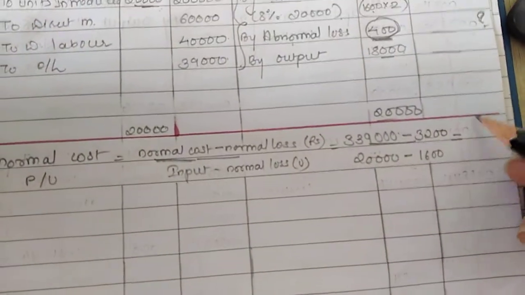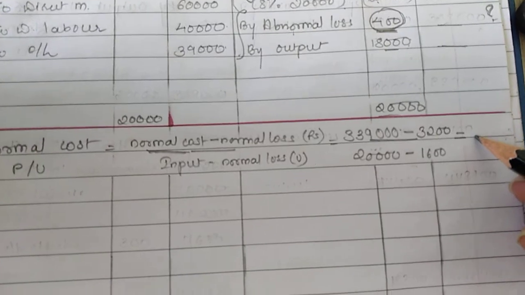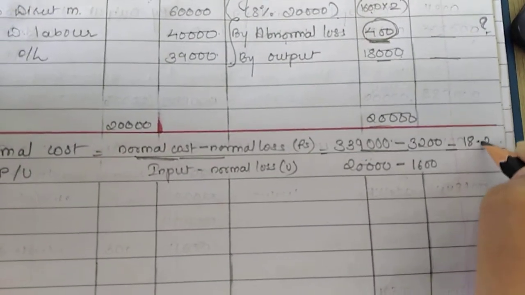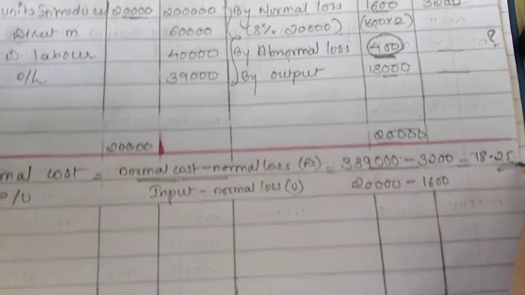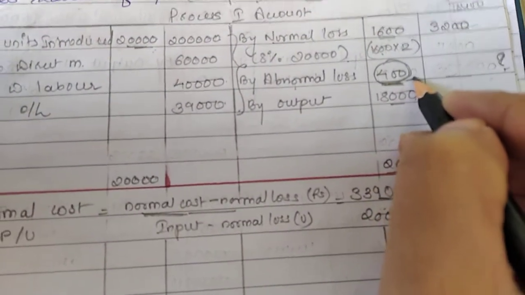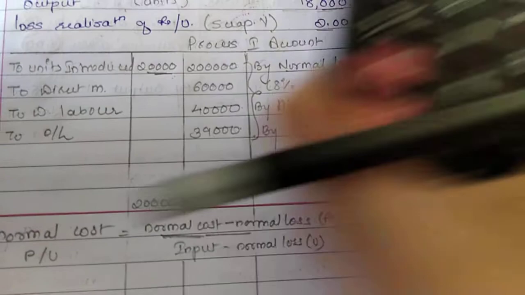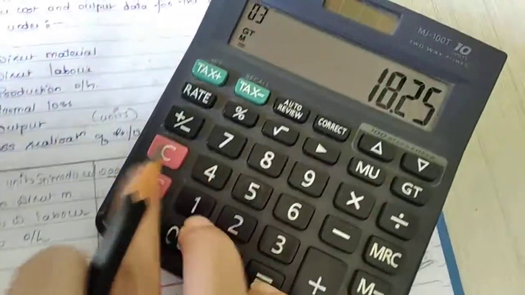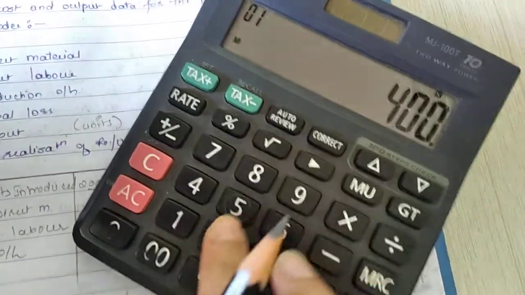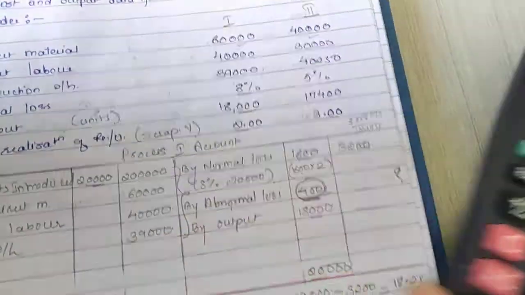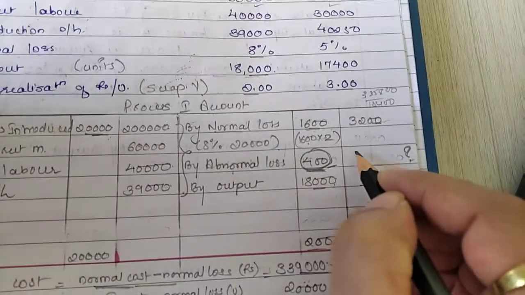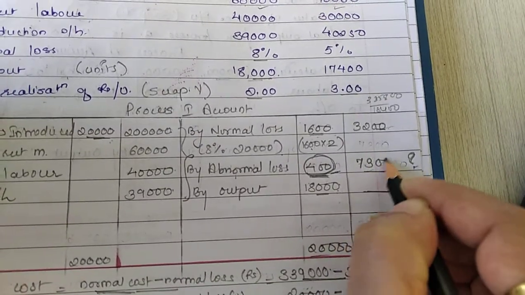Okay, so after calculating this, we find our cost per unit as 18.25 rupees. Now use this 18.25 rupees and multiply it by your 400 units of abnormal loss. So we have here 400 into 18.25, we get 7,300, which you are supposed to write over here, 7,300.